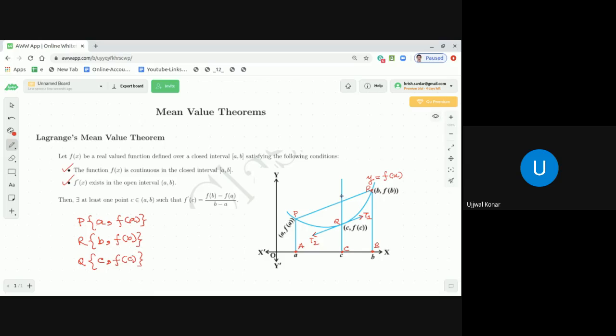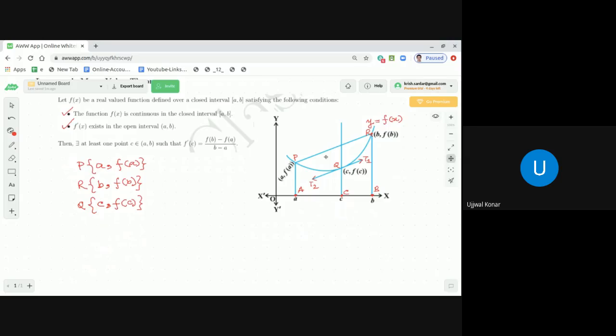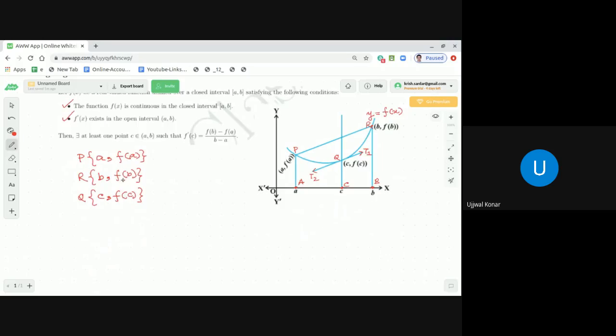So what we conclude, dear students, is that the slope of T1, T2 is equal to the slope of PR, correct?